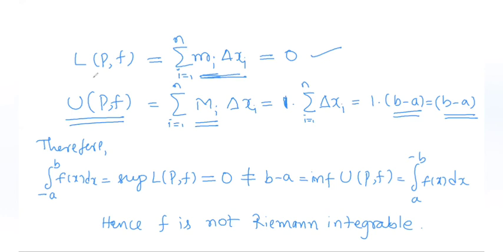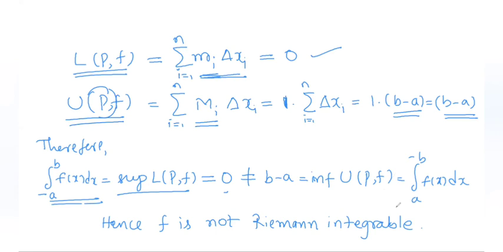You can observe that the lower Riemann sum is 0 and the upper Riemann sum is b minus a. Both are constant irrespective of the partition P. Whatever partition P you choose, the lower and upper Riemann sums remain the same. That is, the lower Riemann sum is always 0 and the upper Riemann sum is always b minus a. So if you take the supremum of all lower Riemann sums, it is once again 0, which gives the lower Riemann integral.